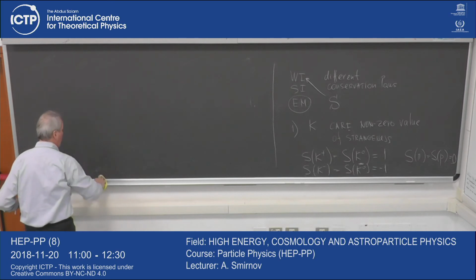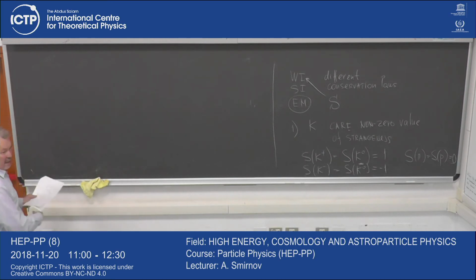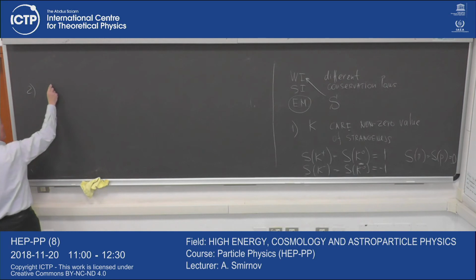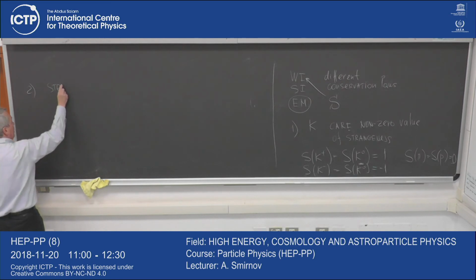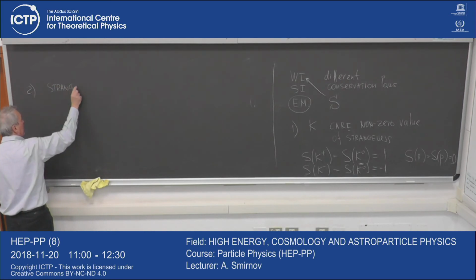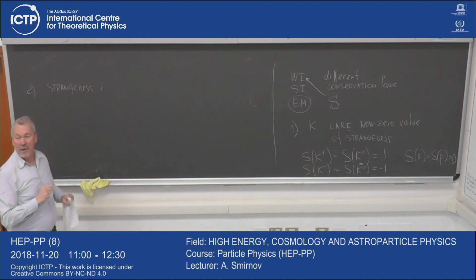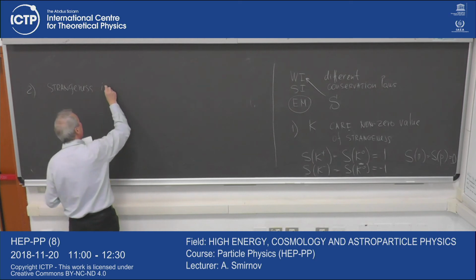And we will see that this story will appear again and again when new particles are discovered. Second, we are saying that strangeness is conserved in strong and electromagnetic interactions.